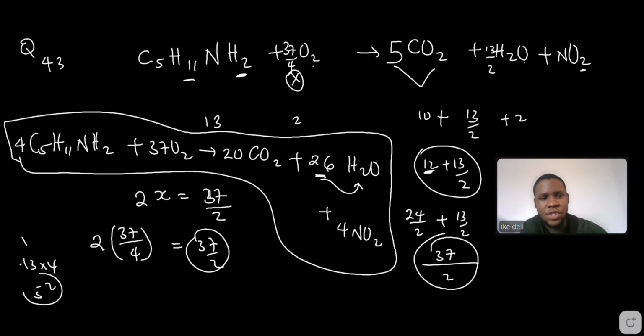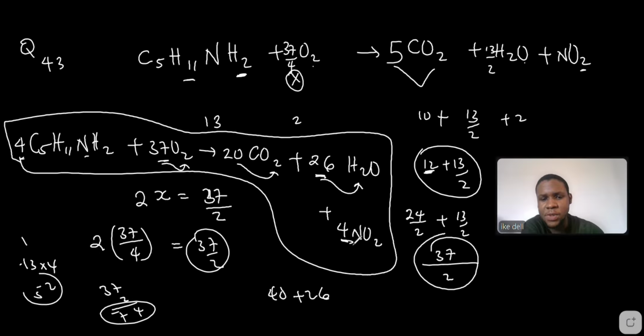Then you check your nitrogen. Nitrogen is 4 here, and it's also 4, looking nice. And finally, your oxygen is 37 times 2, which is 74. And on the other side, 20 times 2 is 40. This is 26.